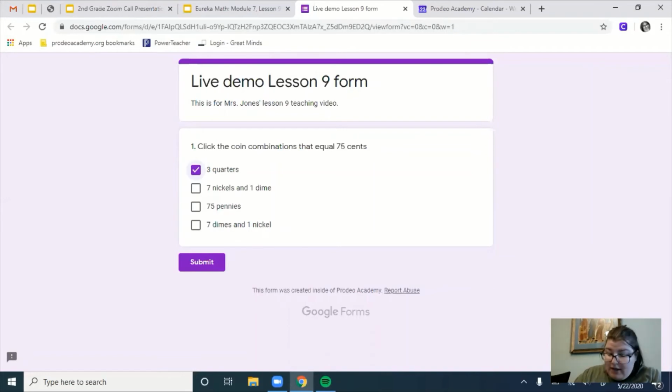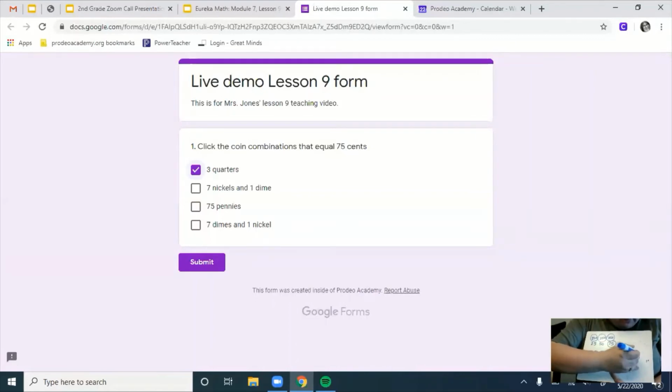Okay, the next one is 7 nickels and 1 dime. So I'm going to draw 7 nickels first. 1, 2, 3, 4, 5, 6, 7. And I know a nickel is worth how much money? Right, 5 cents. So I'm going to put a 5 in each one. So I've drawn my 7 fives, and it says 1 dime. I know a dime is worth how much?